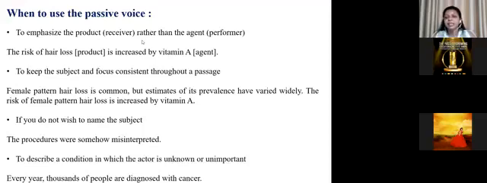Process එක කියන්නේ agent ට වඩා අපිට process එක emphasize කරන්න ඕන නම් අපිට passive construction එකට යන්න පුළුවන්. Let's see the risk of hair loss. That is the ultimate cause. The risk of hair loss is increased by vitamin A.